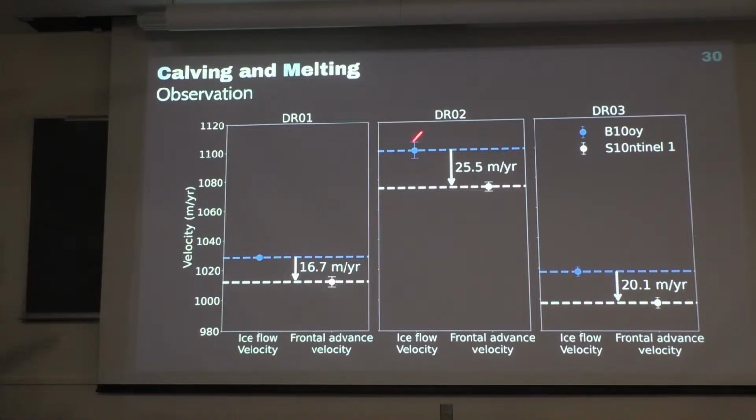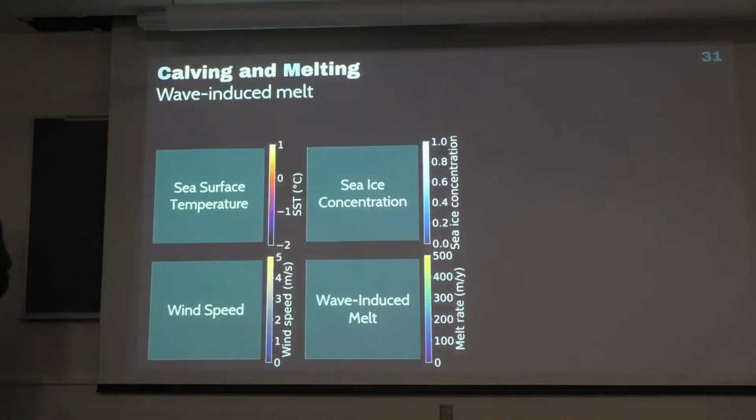The difference between these 2 data has to be the amount of material removed from the front. And so you can see that for the first station it's around 70 meters, for the second station it's 35, and for the last station it's 20 meters. So let's say roughly 20 meters along the front of the Roi Baudouin ice shelf. So we know that, at best, we have 20 meters of material removed from the front every year.